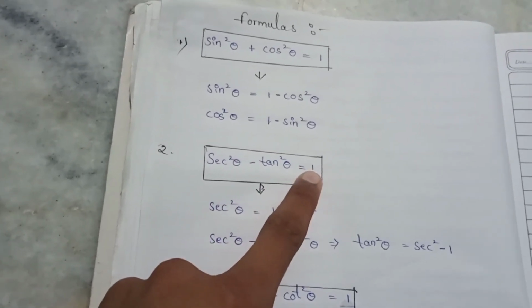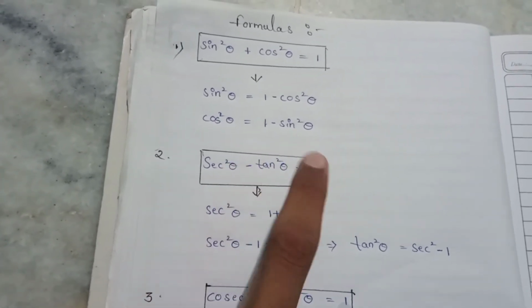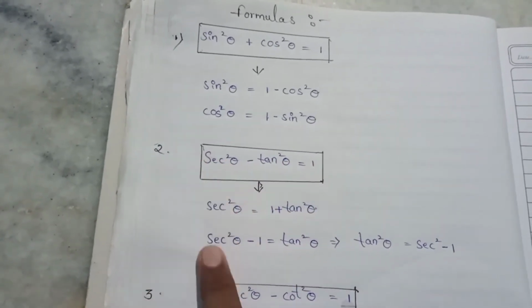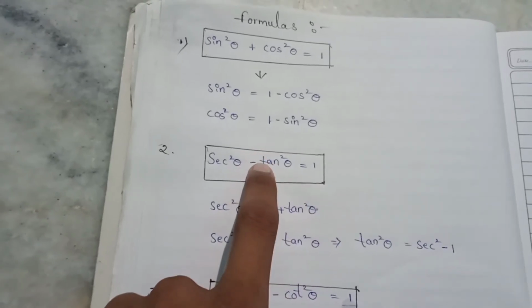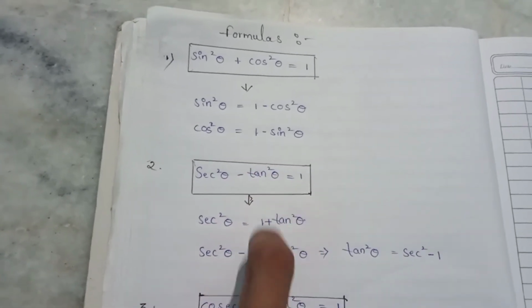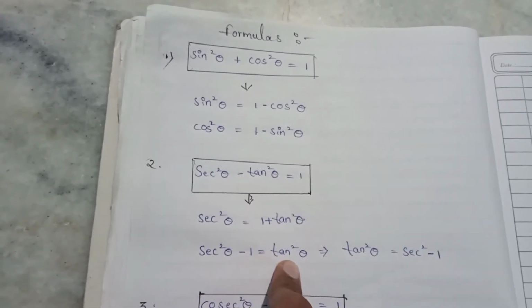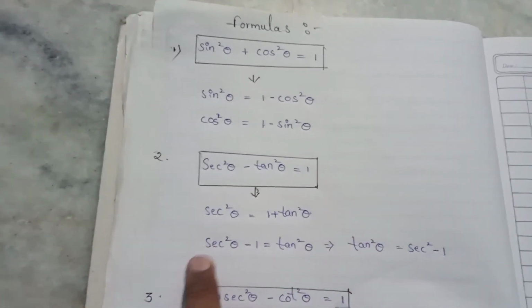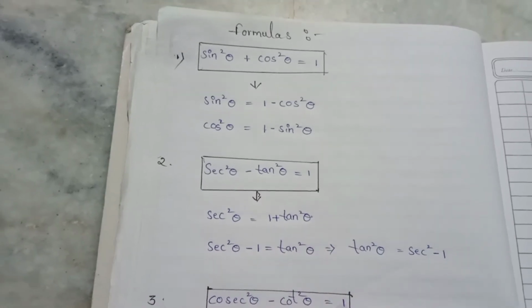When we bring this 1 to the LHS side, it becomes subtraction because it is in the form of addition here: sec square theta minus 1. When we bring the minus tan square theta to the RHS side, it becomes addition. Tan square theta is equal to sec square theta minus 1.